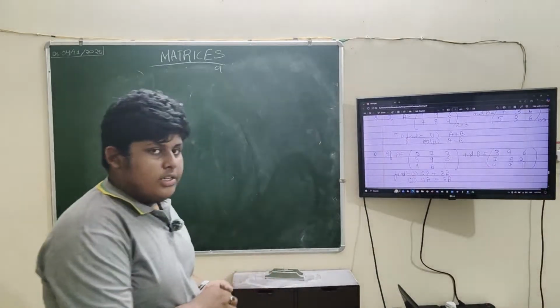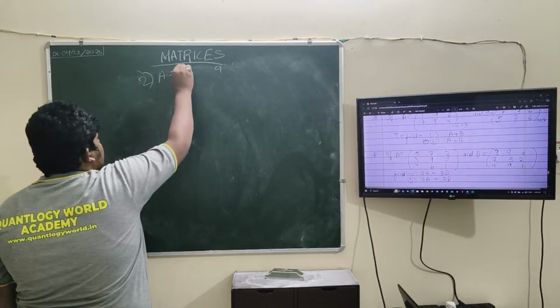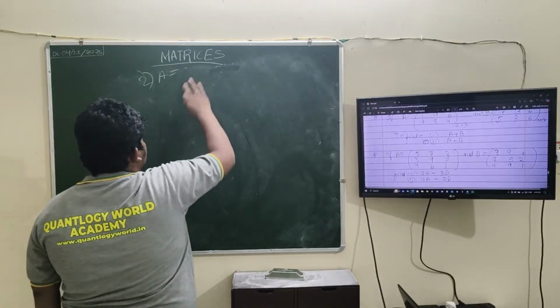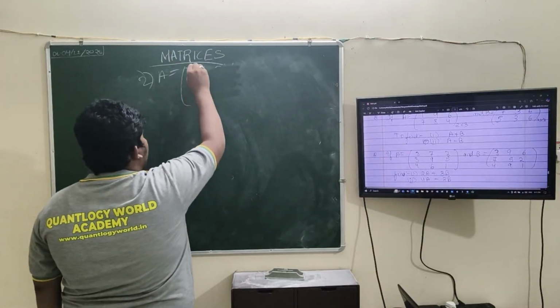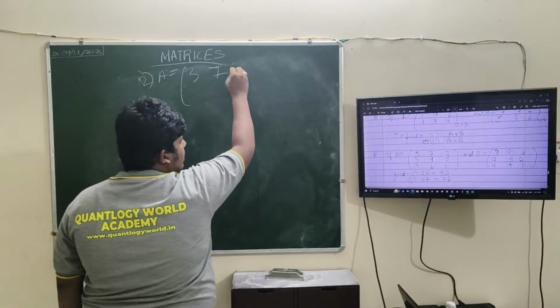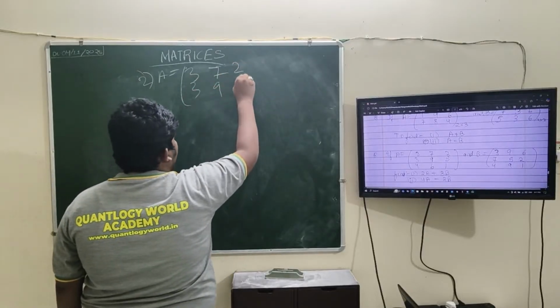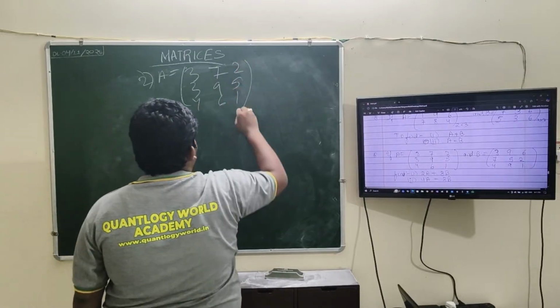The next question is a very interesting question. Given matrix A is a 3 cross 3 matrix: 3 7 2 3 9 5 4 6 1.